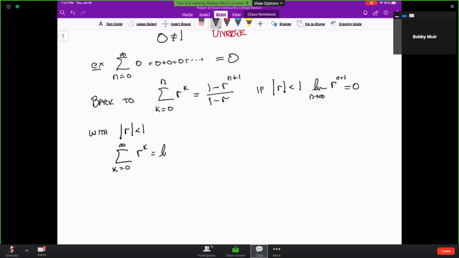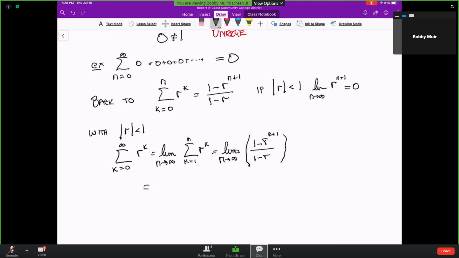That's just going to be the limit as n tends to infinity of this finite sum, k equaling 1 to n of r to the k. And then if you just keep filling in what we're doing, it's going to be 1 minus r to the n plus 1 over 1 minus r.